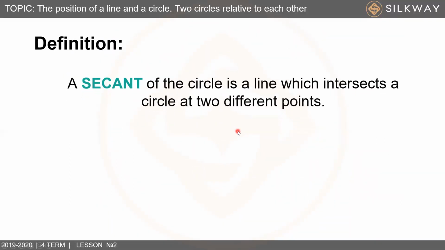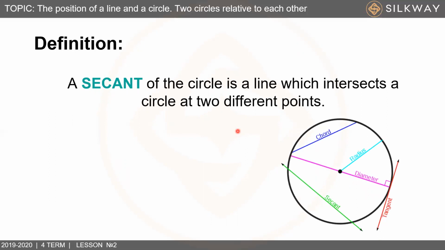A secant of the circle is a line which intersects a circle at two different points. In the figure, we have a radius, a diameter, the tangency point, and here we have two intersecting points.